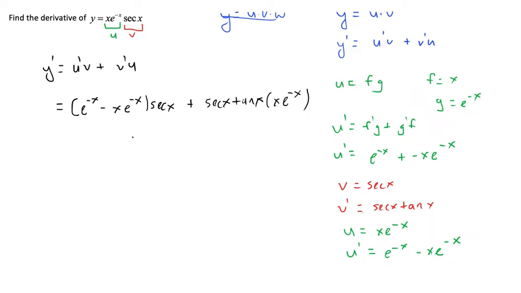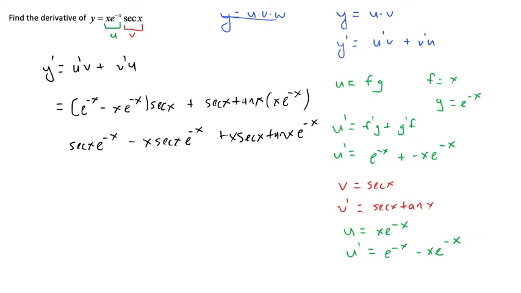All right, so it looks a little bit messy, I guess we'll call it, but there's a couple things we can actually do here. If we distribute this through, this is going to be secant of x e to negative x minus x times secant of x times e to negative x plus secant of x tangent of x times x, I'll just put that in front, times e to negative x.